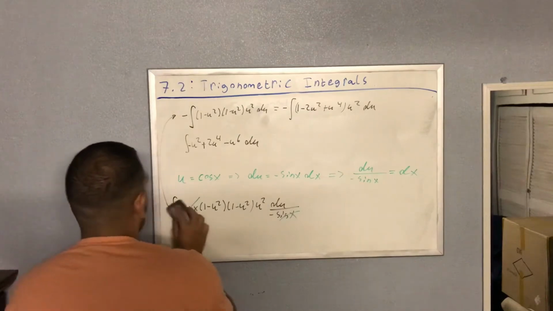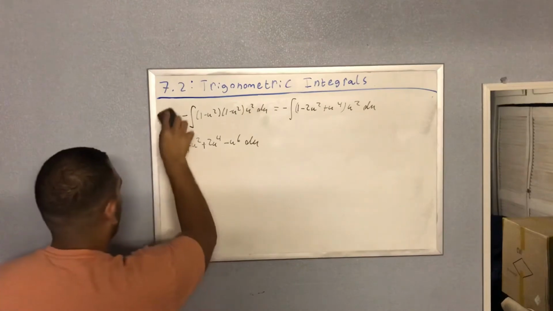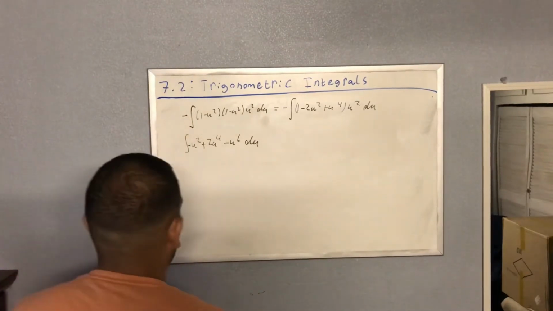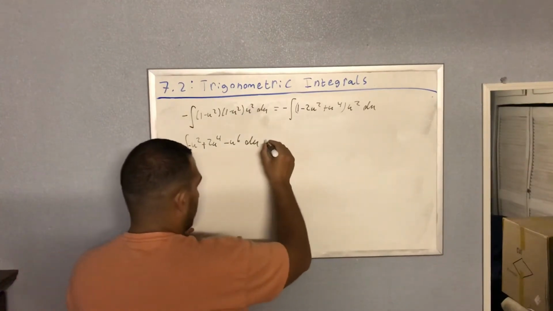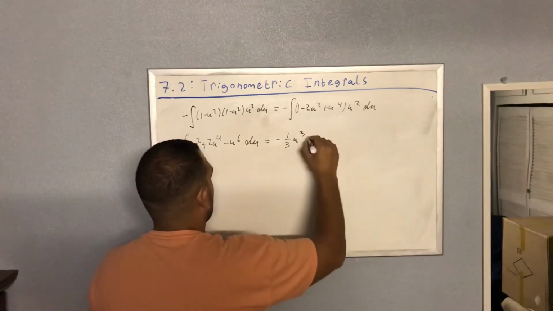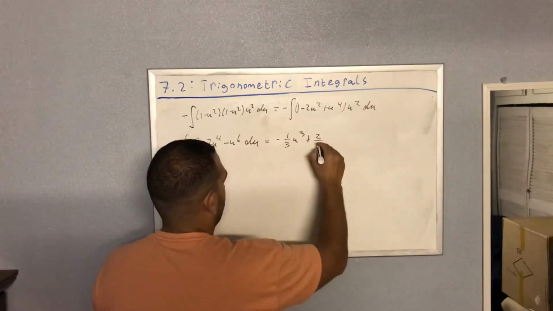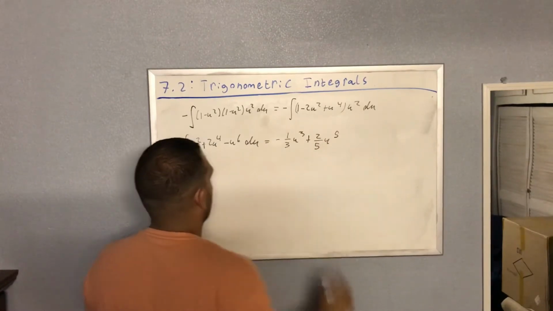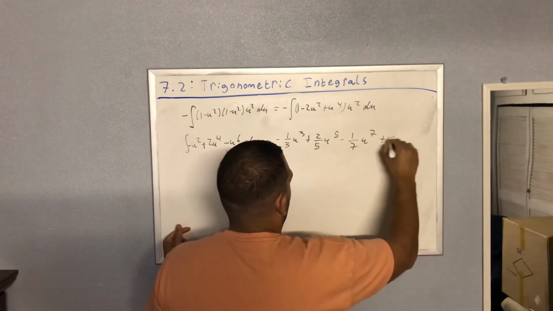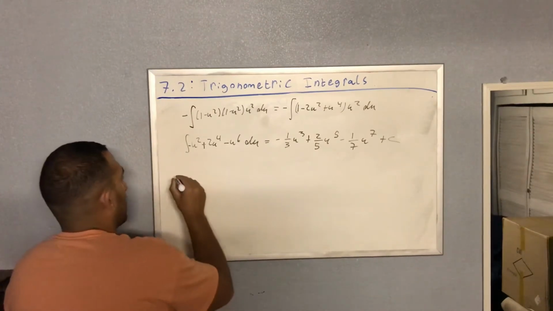And now this is every calculus student's dream integral. Not too much work to do here. You just apply the power rule a bunch of times. Everybody loves to do that. So this is now negative 1/3 u cubed plus 2/5 u to the 5th minus 1/7 u to the 7th plus c, and then once we substitute back u as cosine, we get the final answer.